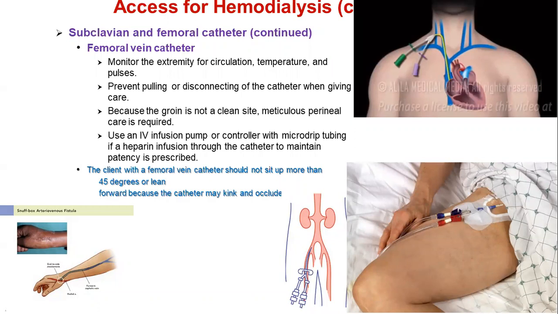Also use an IV infusion pump or controller with micro drip tubing if heparin is infused through the catheter. It is very important for anaphylaxis. The client with a femoral vein catheter should not sit up more than 45 degrees, right? And also not lean forward, because when leaning forward the catheter may bend or kink, or cause occlusion.